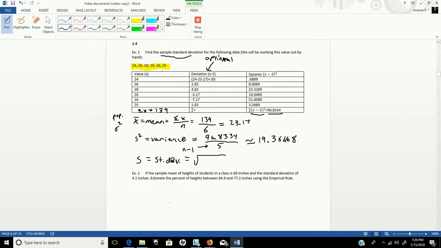Because remember, to cancel out a squared, you have to do the square root. So here we do the square root then of that 19.36668. So there it looks like we get approximately 4.4008. And then that would be your final answer there.